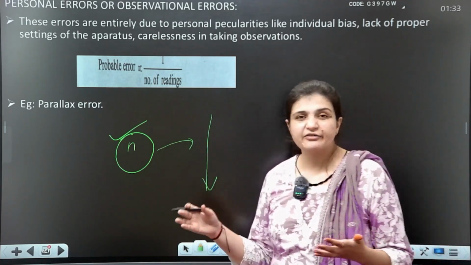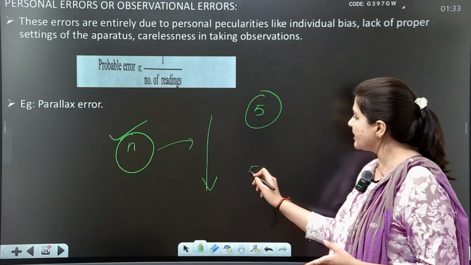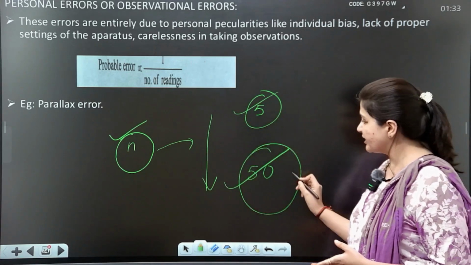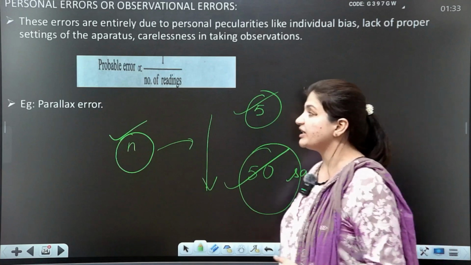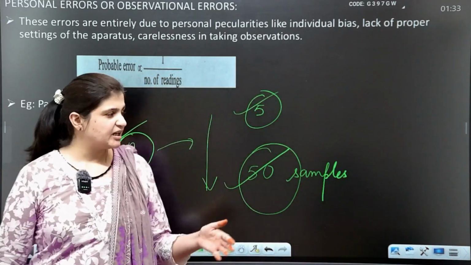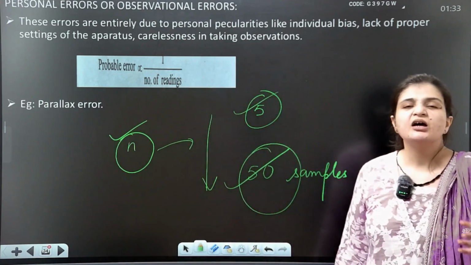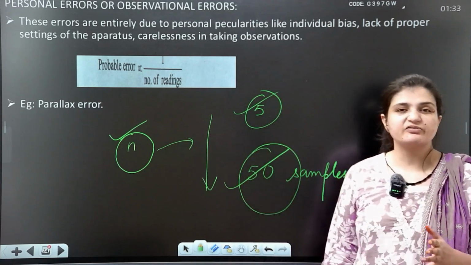If we have taken 5 samples versus 50 samples, the probability of error is lesser when we have taken 50 samples. When we take a larger number of samples, the probability of error is lesser as compared to when fewer samples are taken.